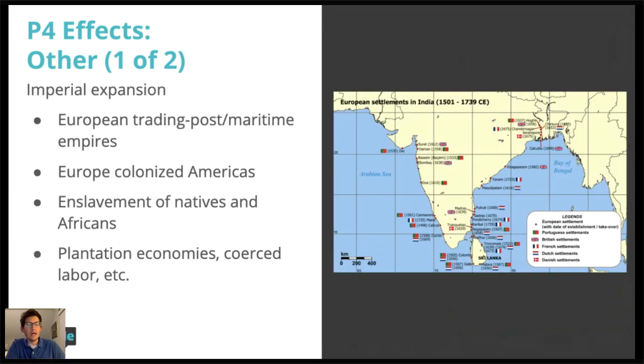Beyond that, as a connection to these political changes, we have imperial expansion, and that we cannot ignore, as a result of this new global era of trade. Europeans will begin with the establishment of trading post empires in the Indian Ocean and colonization of North and South America.